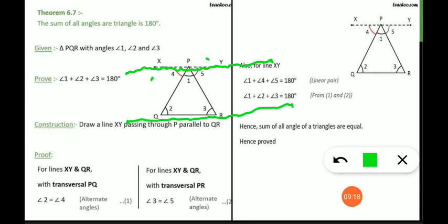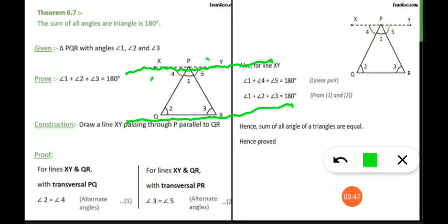So now students, just think that XY and QR are parallel lines, and PQ is a line which is a transversal. Okay, so what have we learned about alternate interior angles? Yes, angle 4 and angle 2 are alternate interior angles and they are equal. Very good. So this is the first part of the proof.